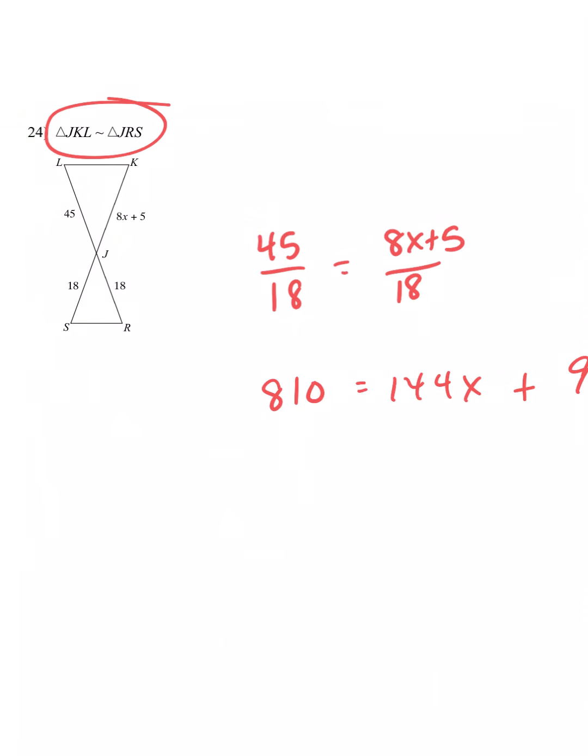When you take 810 and subtract 90, you get 720 equals 144x. When you divide by 144, you get 5. So x would be equal to 5.